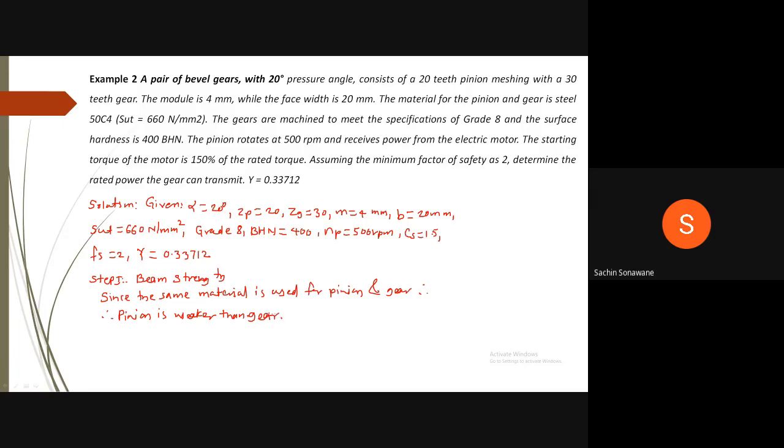Therefore, we will find out first of all tan gamma. Write down tan gamma, pitch angle of the pinion, is equal to ZP divided by ZG, which is equal to 20 divided by 30. Then what is the value of gamma?